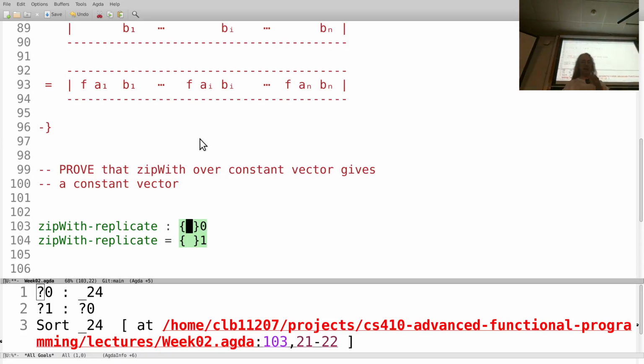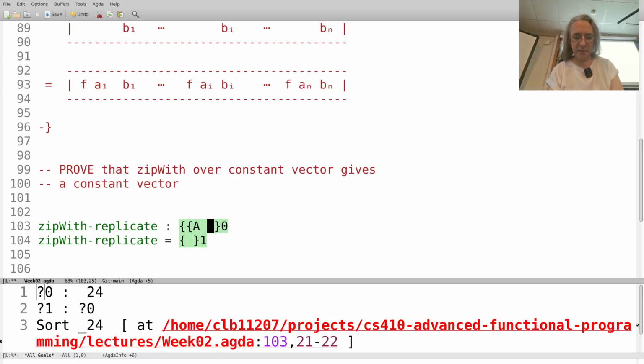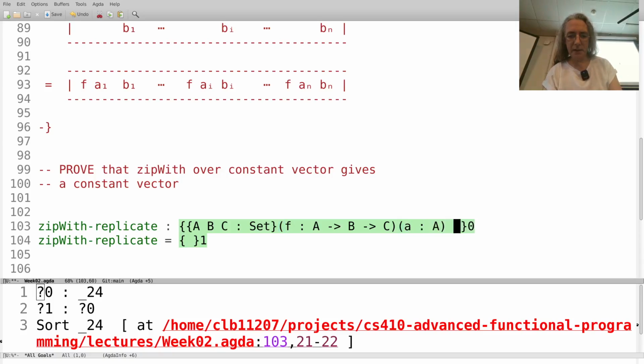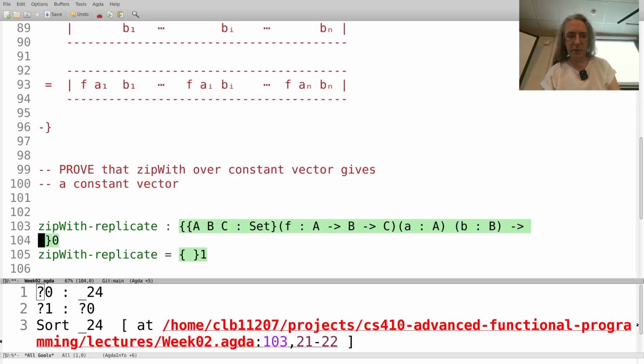We've got three types, A, B, and C, and we've got a function from A to B to C, and we've got a in A and b in B. And what's the statement that we want to make? Oh, and I've got to choose a length.